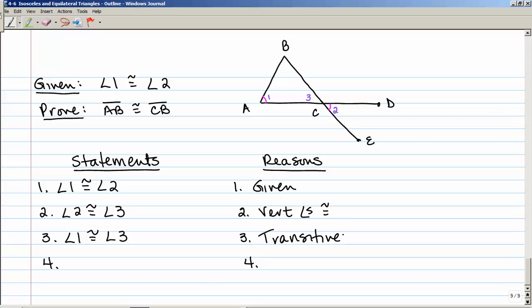Or you could say substitution if you'd like. And now that I have angles 1 and 3 congruent to each other, I can say that AB is congruent to CB, because those are the sides that are opposite two congruent angles, and that would be the converse of the Isosceles triangle theorem.